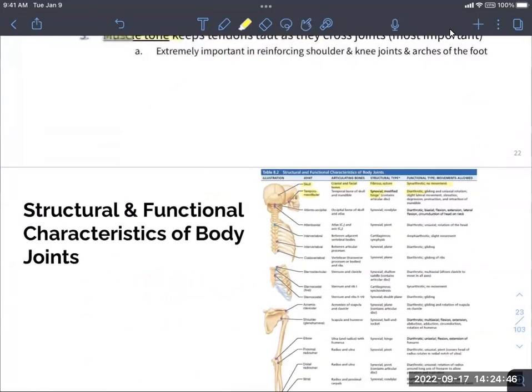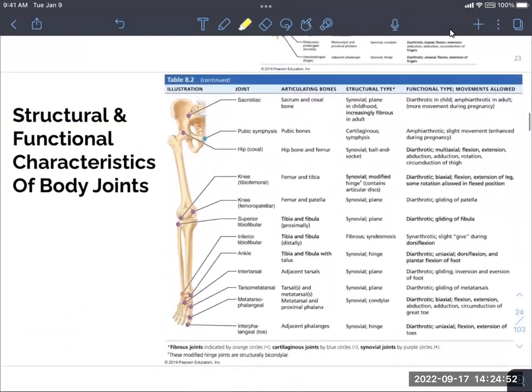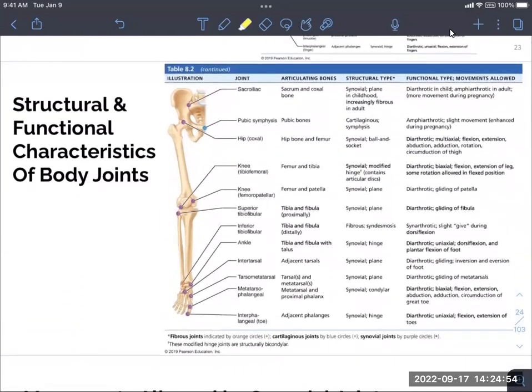So this whole chart goes through all of the main bones. This one's the upper body. This is the lower half of the body. It goes through every joint, what the joint name is, what bones articulate with what, and what type of joint it is. It even talks about the planes. We'll look at the planes of joints here shortly.